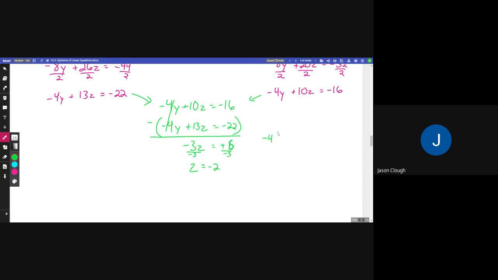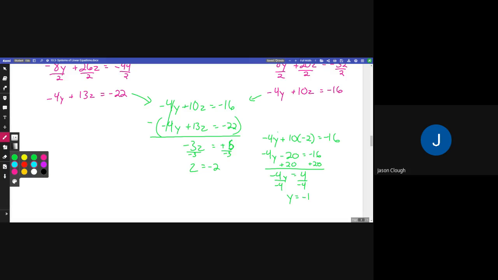So negative 4y plus 10 times negative 2 equals negative 16. 10 times negative 2 is negative 20. Add 20 to both sides. That ends up becoming 4. And y equals negative 1.